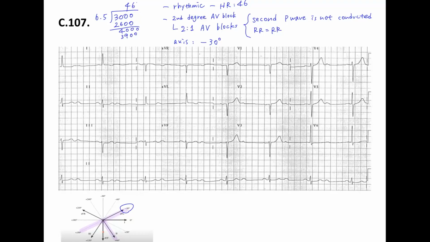If you are looking at lead number 2, it is still a little bit positive, and this is why I would say that it is more likely less than minus 30. All right, and that's it.